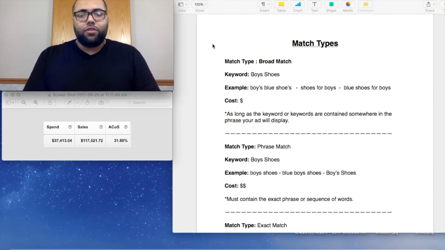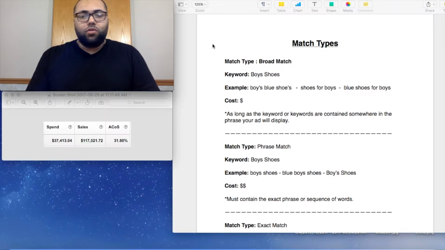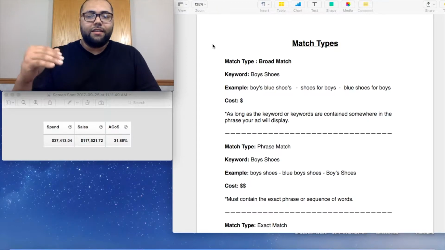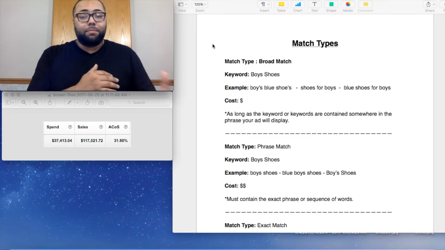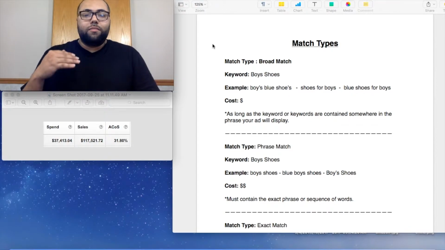Now there are two different ways that you can be displayed on any type of ecosystem or browser, whether it be Google or Amazon. In this video we're going to be talking about Amazon, but there is organic, which is number one. What organic means is that you have ranked your product page in the algorithm, giving the algorithm everything that it needs.